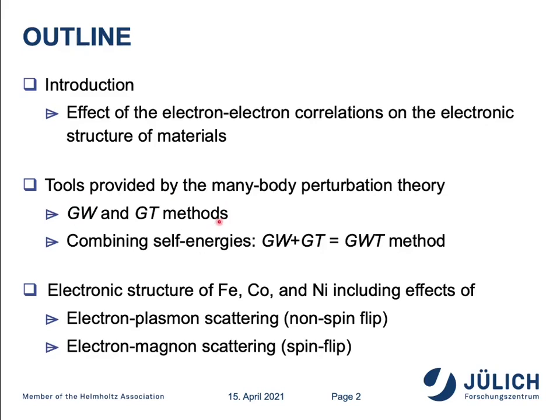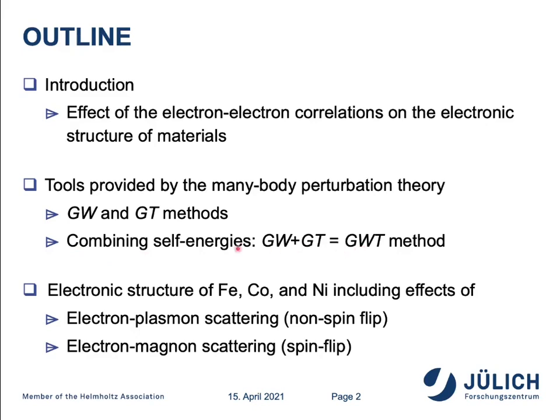Most of you are already familiar with the most famous GW approach, therefore it requires only a short introduction. However, the second method, GT, is less known, and due to its particular importance for this work, it would require a bit longer introduction. I should also mention that it is not so straightforward to apply both techniques together. Therefore, I will introduce our approach to combine both self-energies.